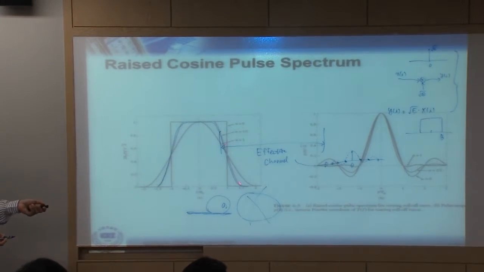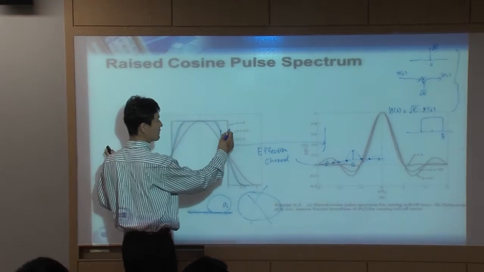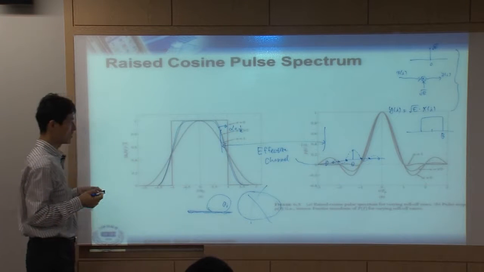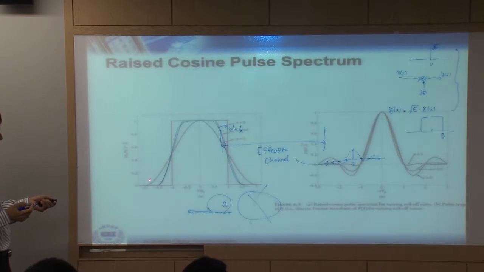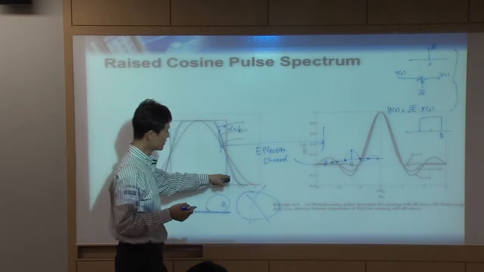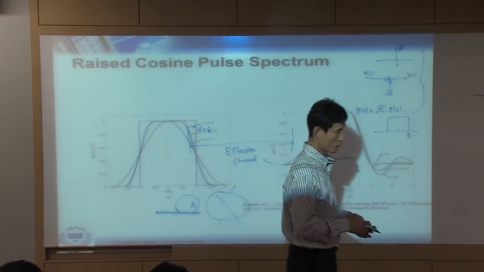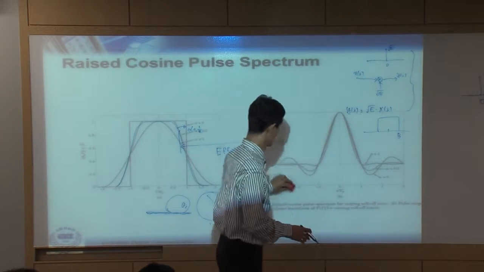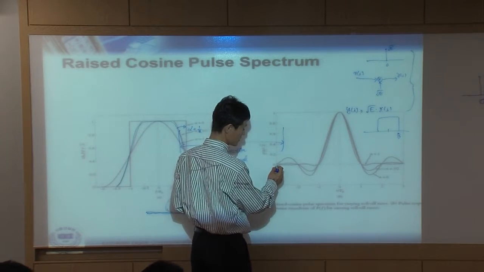This is the case of alpha equal to 1 over 2. If we set the alpha equal to 1 over 2, we're going to get this. I'm sorry, this is frequency. We're going to get this frequency response. And once we have this frequency response, the time impulse response looks like this.